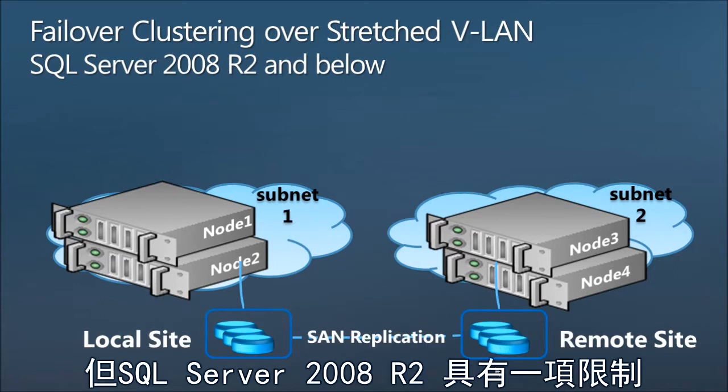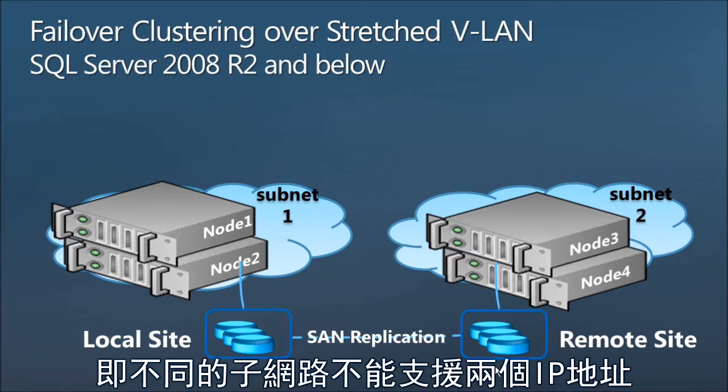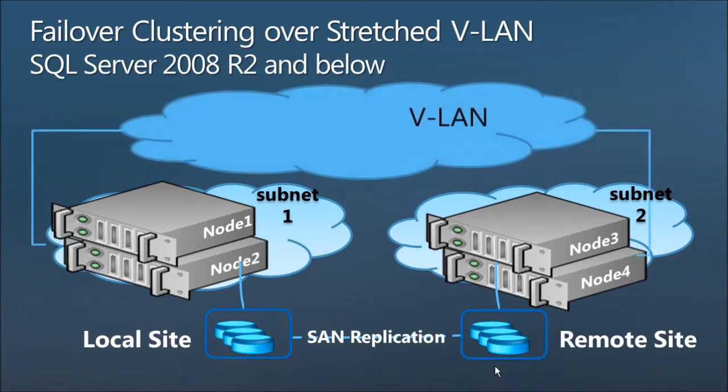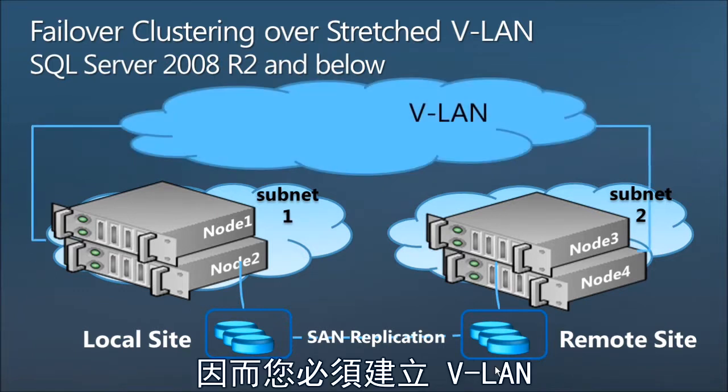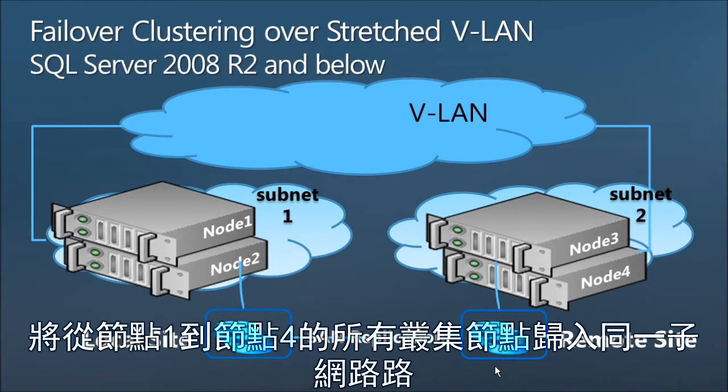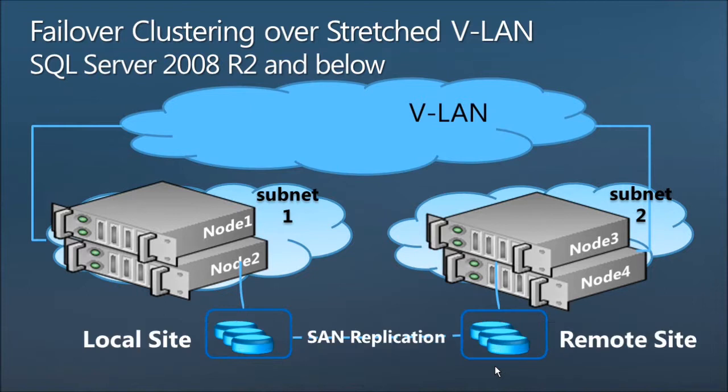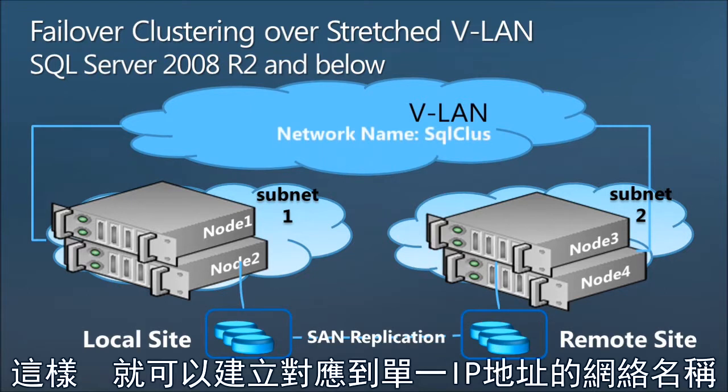But SQL Server 2008 R2 has a limitation. It doesn't support 2 IP addresses from different subnets. So what you have to do is create a stretched VLAN to bring all the cluster nodes from Node 1 to Node 4 into the same subnet. Then you can create your network name mapped to one single IP address.